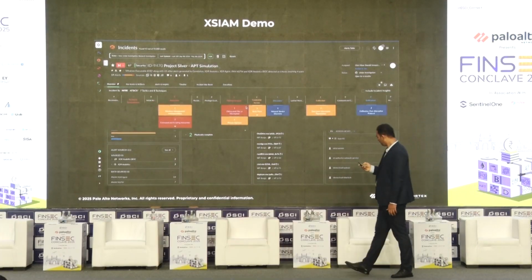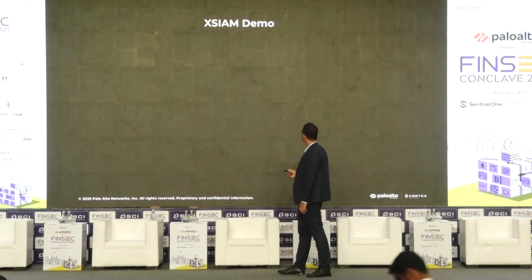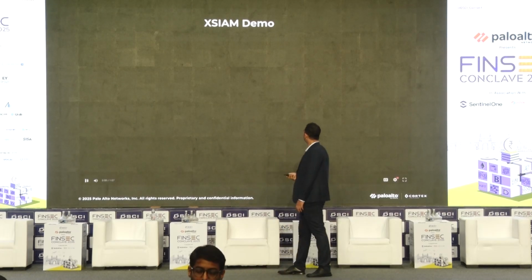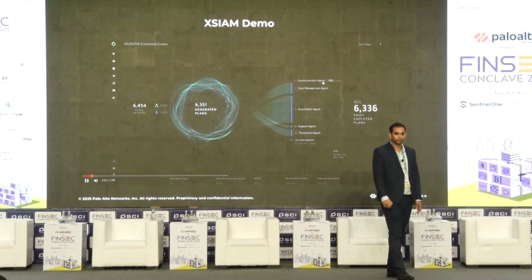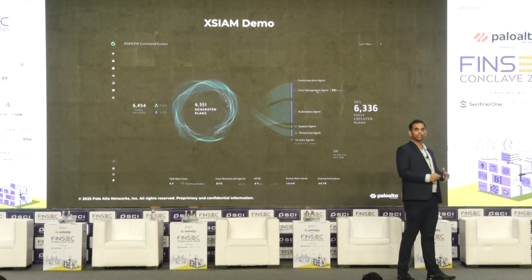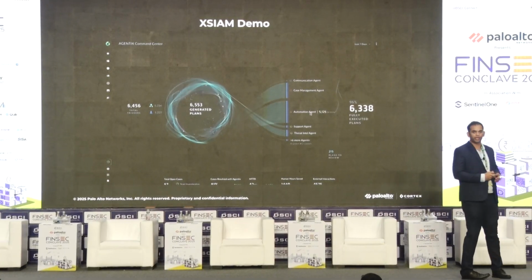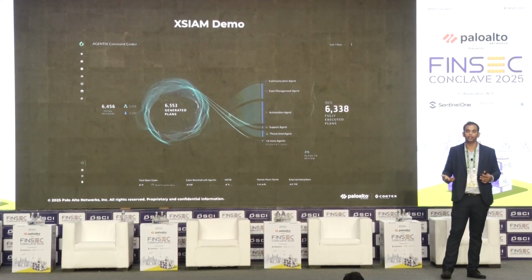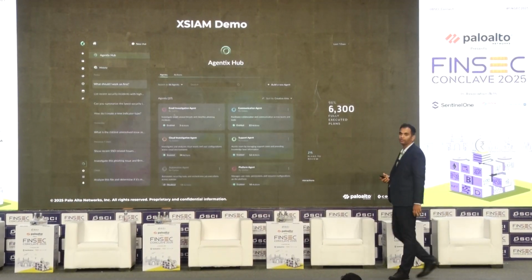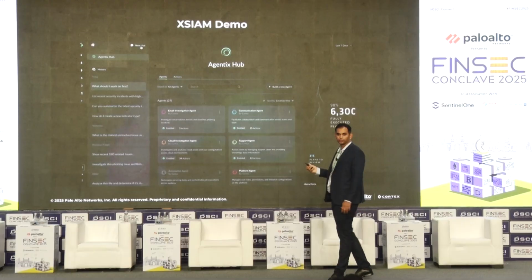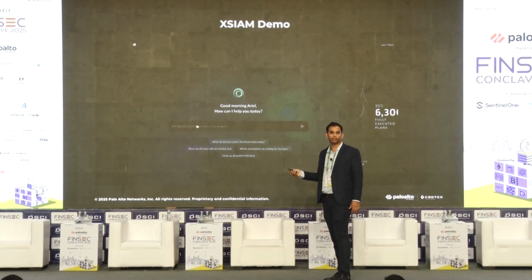Now what we have done as a part of this is we have come up with agentic AI capability as a part of the platform. Initially the platform had the capability where it used to tell you what needs to be done. But now we have come up with agentic AI capabilities. So there are AI agents available within our product.